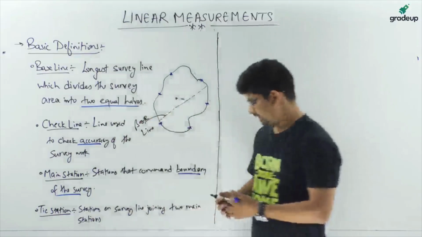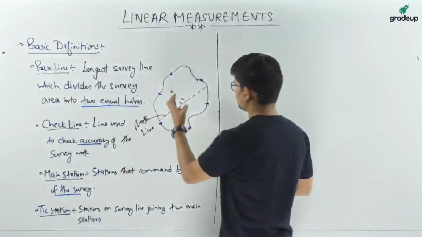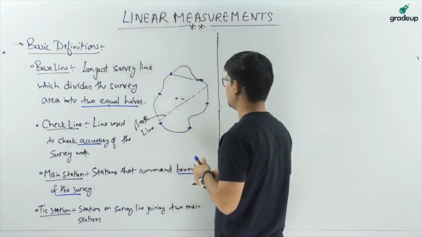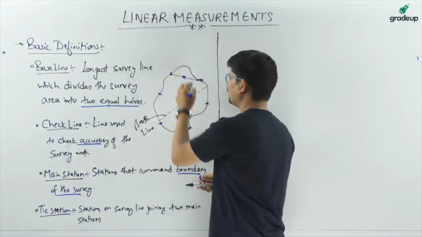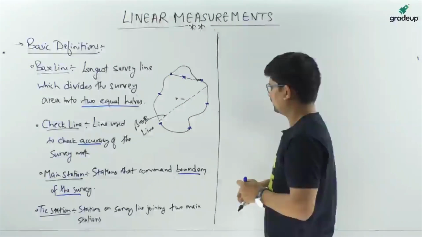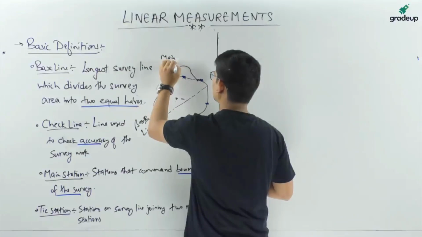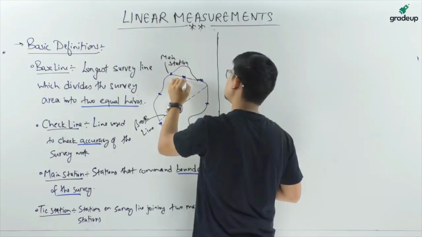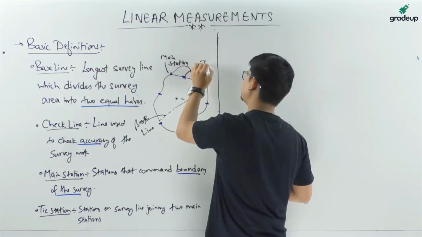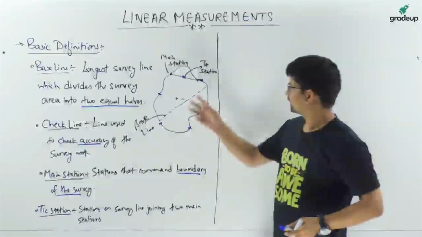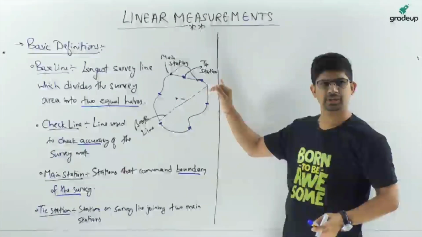Okay. So tie stations will be something like this. If suppose this station and this station is joined, okay, so somewhere in this survey line there will be a tie station. Okay, this will be a main station, this will be a tie station. Okay, so this will be a main station, this will be a tie station.